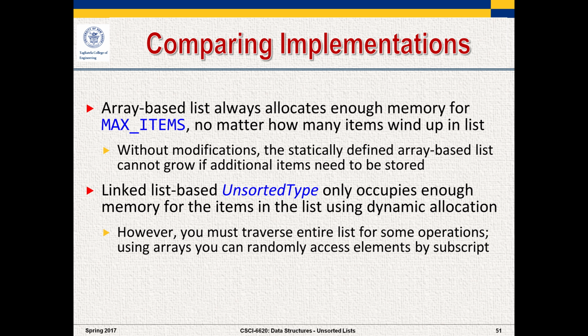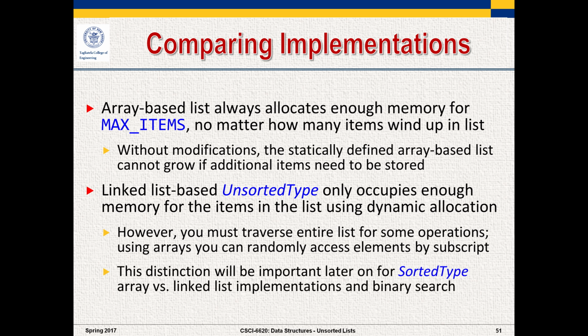On the other hand, because the array is fixed in memory and is traversed by the subscript value, you can randomly jump around in it and not have to follow pointers the way the list does.